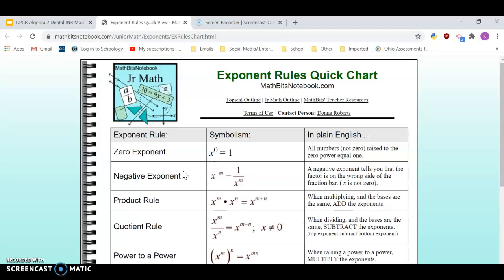So we know that everything is essentially a fraction over 1 if it's a whole number. So imagine there's an imaginary 1 right here. If you see a negative exponent attached to that number, what that means is we have to take that x and the exponent without the negative, and we need to move it to the bottom part of the fraction. And then on top, we're just going to put a nice, neat little 1.